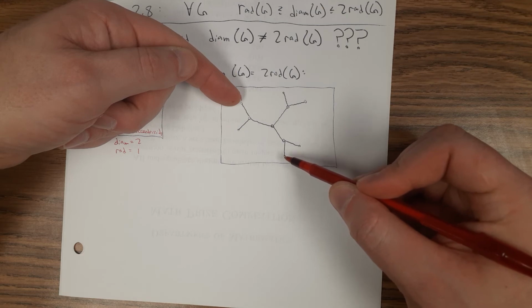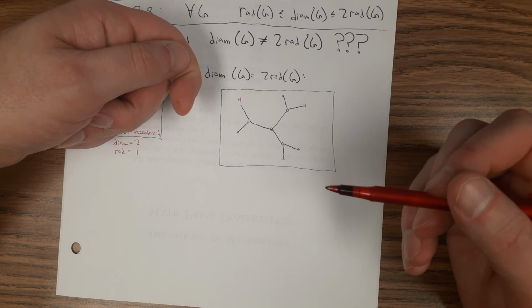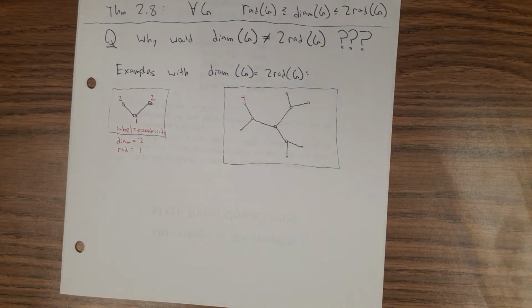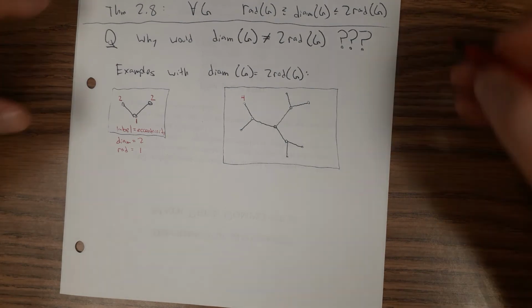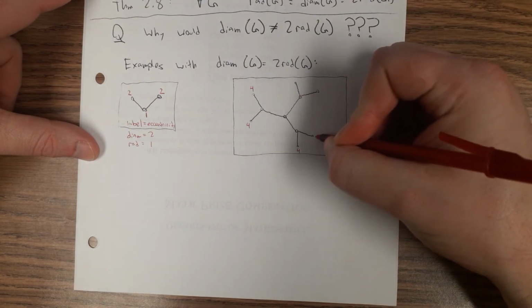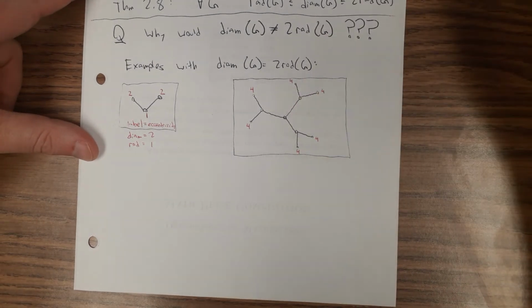If you check all the distances, you're not going to find anything farther away than 4. So the eccentricity of this vertex is 4. In fact, the eccentricity of all of these outer vertices is going to be 4.